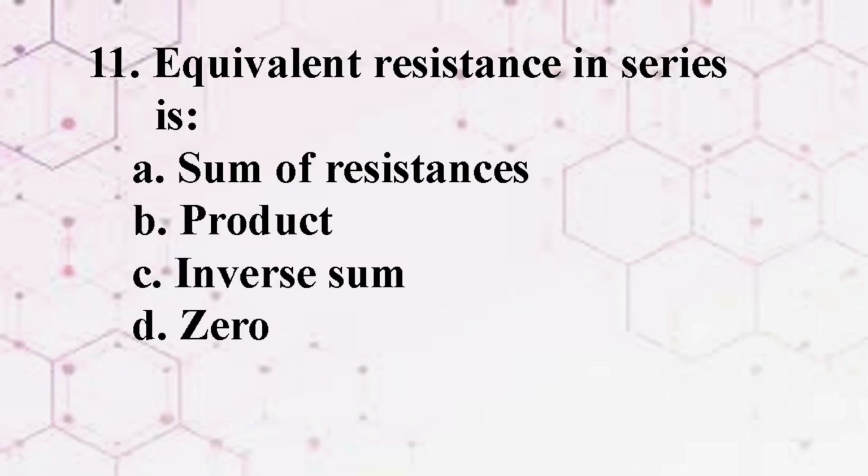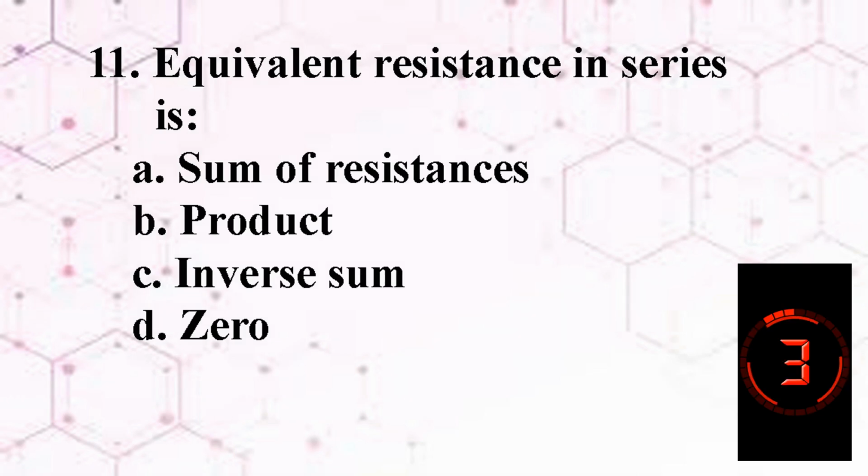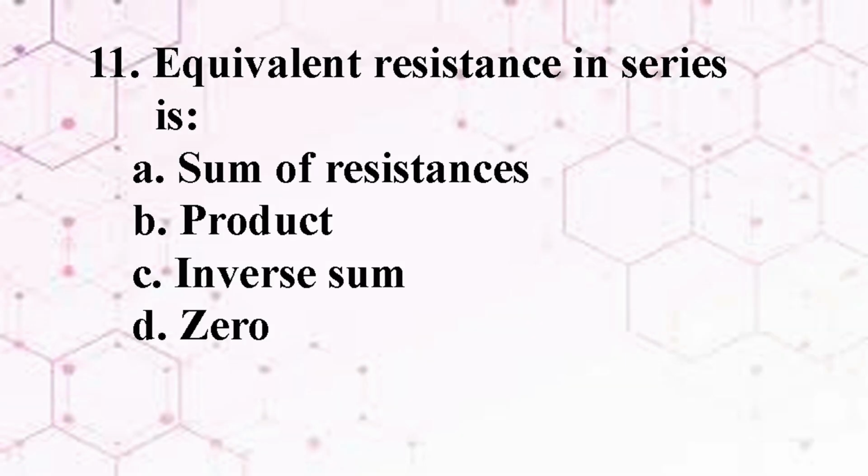Question number 11 up to 20 is based on circuits and resistance. Question number 11. Equivalent resistance in a series is A sum of all resistance, B product, C inverse sum, D zero. The correct answer is A sum of resistances.